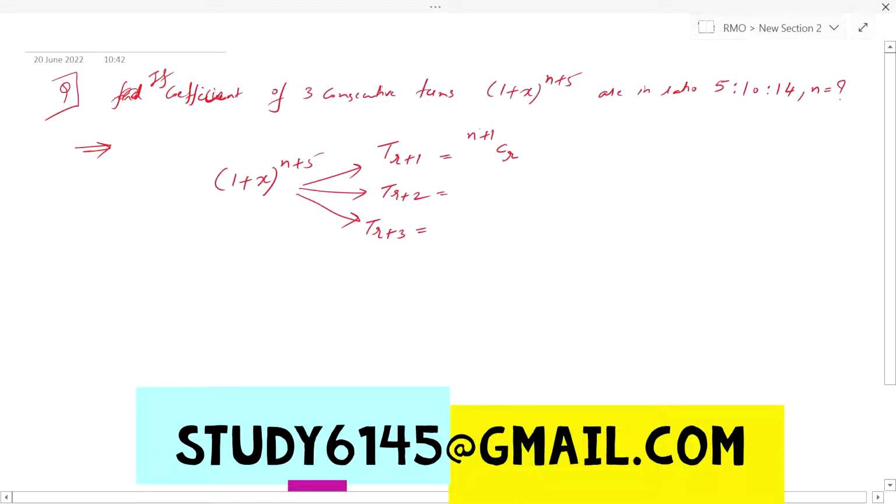They have given the ratio of coefficients, so I am just writing the coefficients only. N plus 5 CR is to N plus 5 C R plus 1 is to N plus 5 C R plus 2.